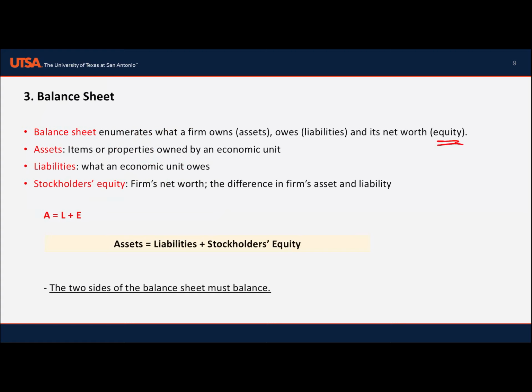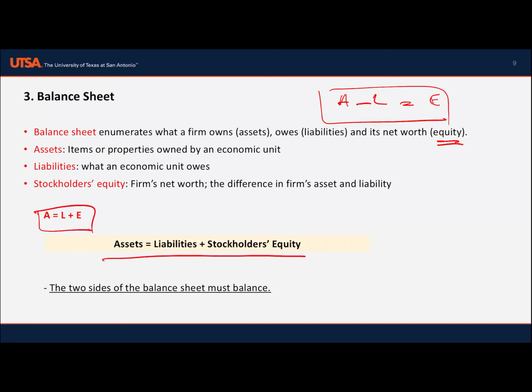So assets minus liabilities equals equity. Assets are items or properties owned by the economic unit. Liabilities are what an economic unit owes, and stockholders' equity is the firm's net worth, the difference between the firm's assets and liabilities. So assets equal liabilities plus equity.